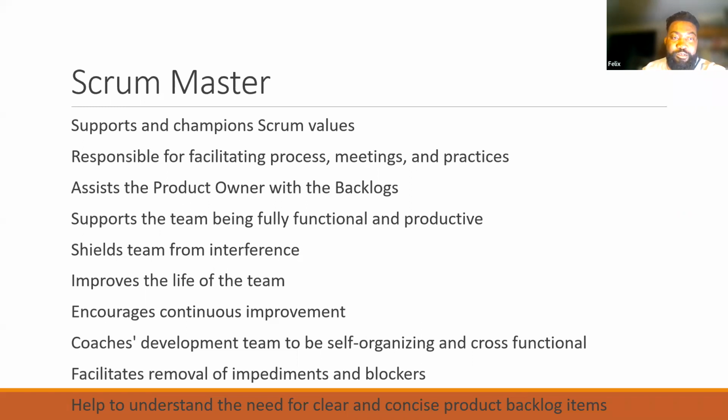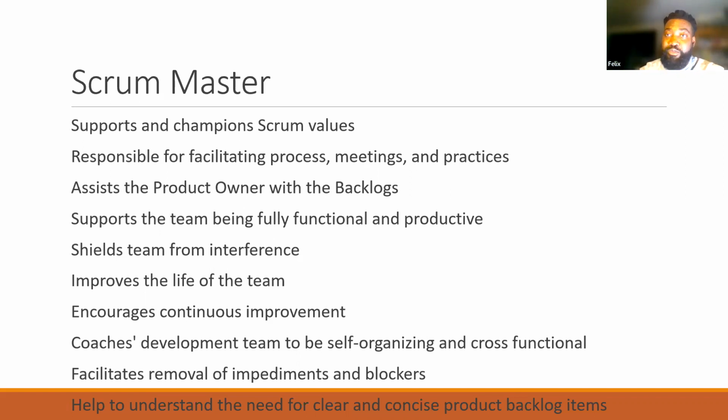And for folks who are new here, when we say assist the product owner with the backlog, one of the responsibilities is you need to be working hand in hand with your product owner when it comes to the maintenance of the backlog. So you advise your product owner on techniques they could use to prioritize the backlog.